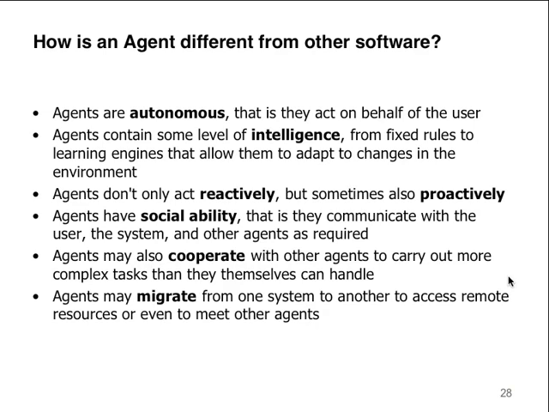So how's the agent different from other software? Agents are autonomous. So they act on behalf of the user. The first thing that comes to mind when you're developing agent solutions is, okay, how do I know if this is an agent? And how do I know how to divide out the software program into different agents?